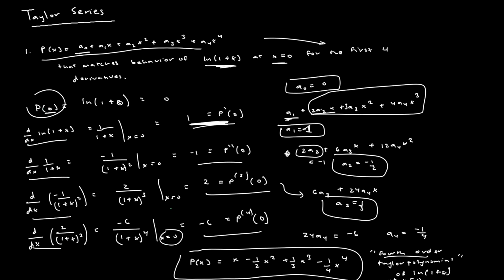We're basically centering our polynomial at the point 0. We could have centered it at another arbitrary point c, and in that case, we would have had to calculate p of c if we wanted our polynomial to have matching behavior to this original function at that other point.